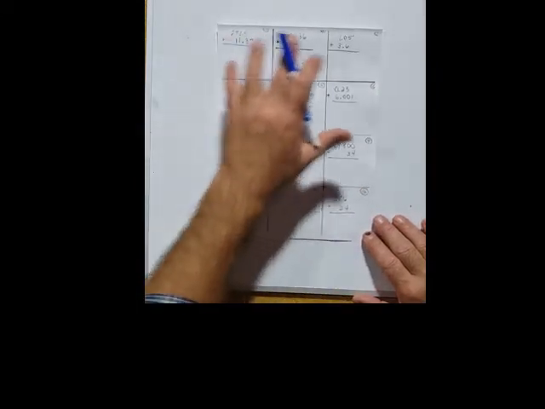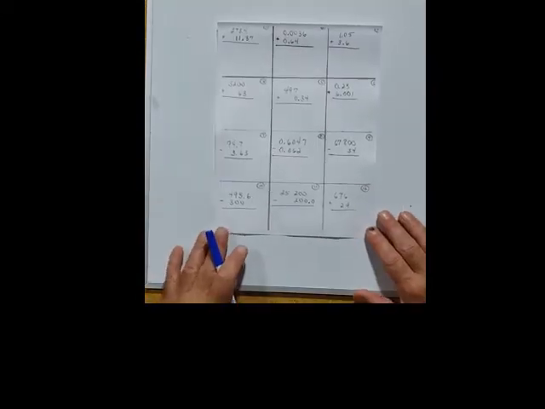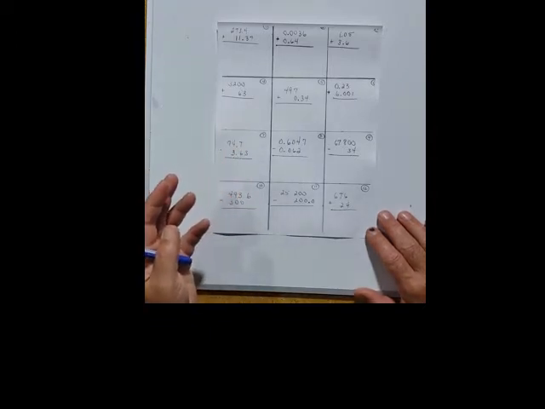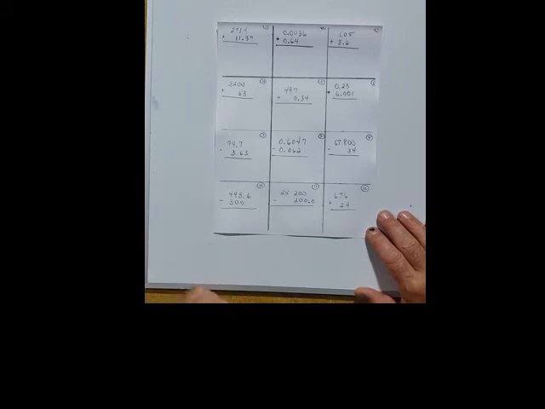Okay, I posted 12 addition and subtraction problems on Google Classroom this morning, and you're supposed to carry out the indicated operations and then round your answer to the proper number of sig digs. So let's go through and work on one or two of these, sort of get you going. All right.